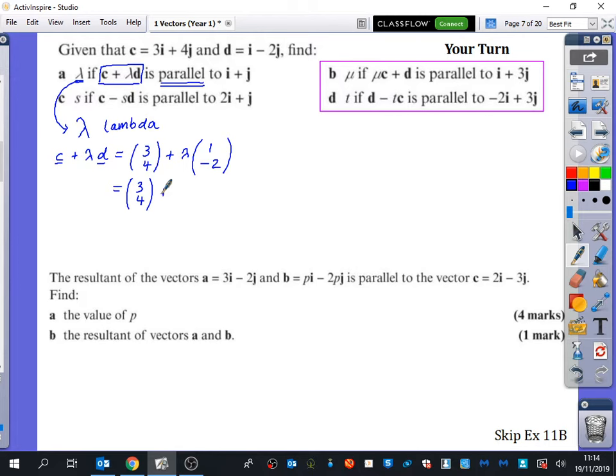So that becomes lambda minus 2 lambda, multiplying by lambda there. I'll give you a bit more time to write this up because you're probably getting used to writing lambda for the first time.